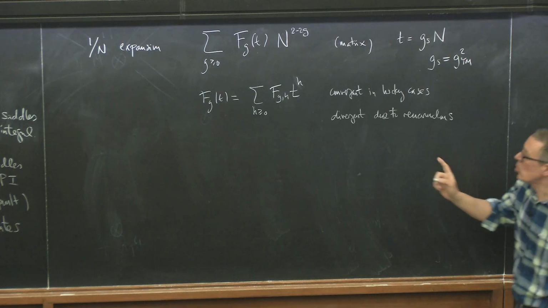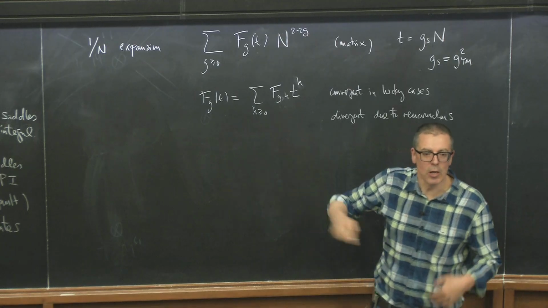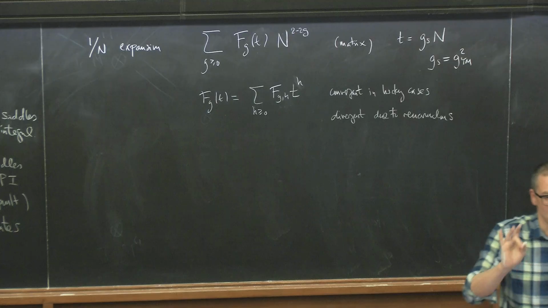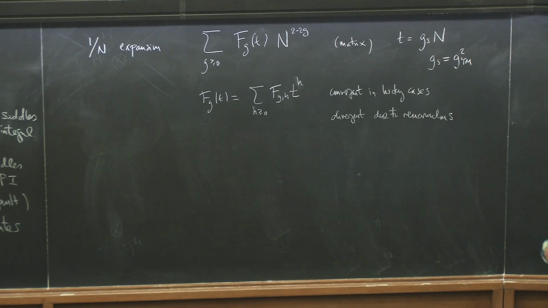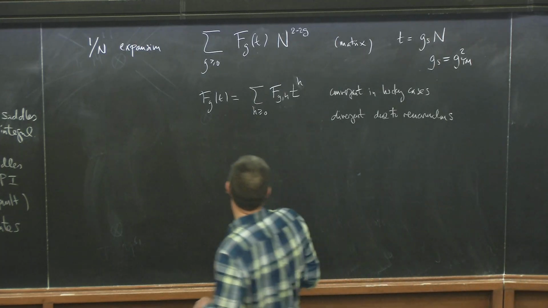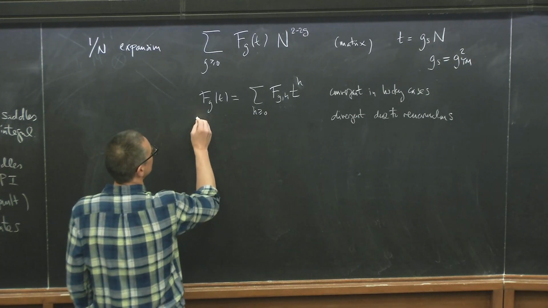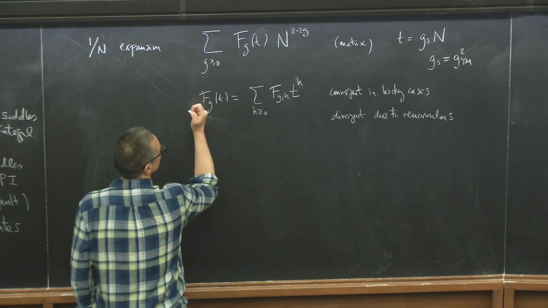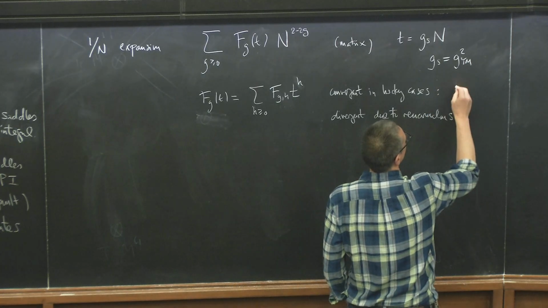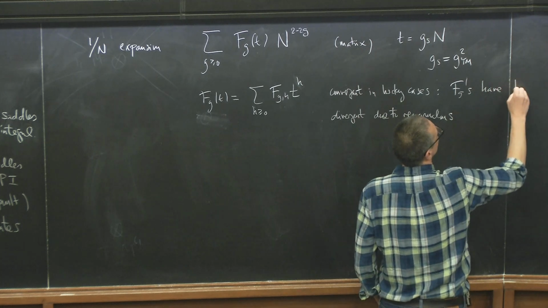So 't Hooft proposed to use the large N expansion to be able to get convergent sums, but one has to be aware that this doesn't work in general. It works in the cases that we like, but not in general. Okay, now, when this is convergent, another important thing is that the F_g all have the same radius of convergence.